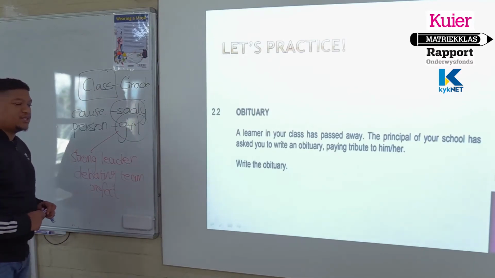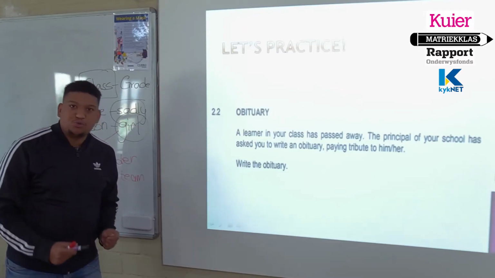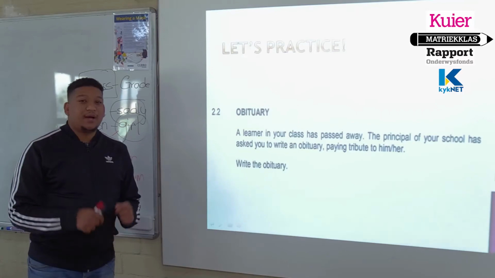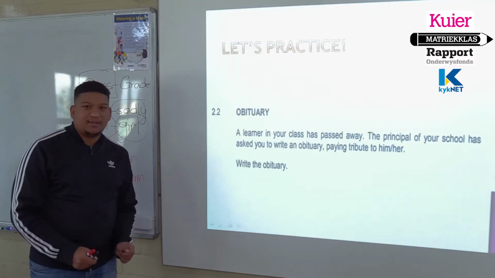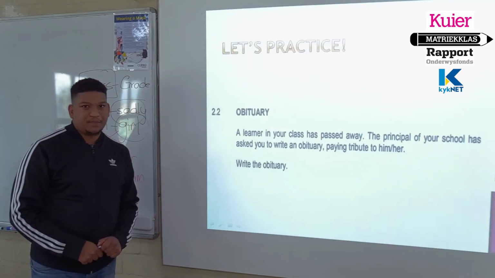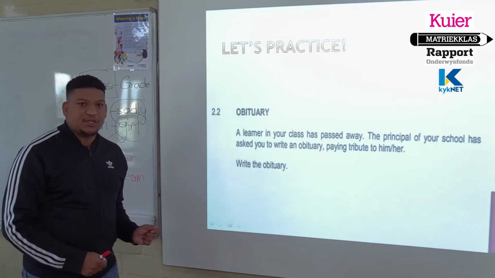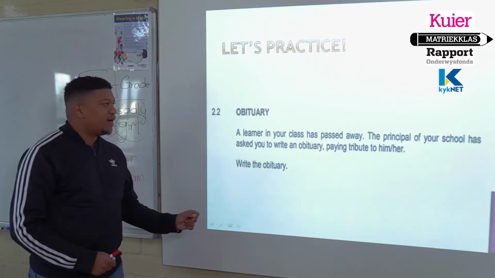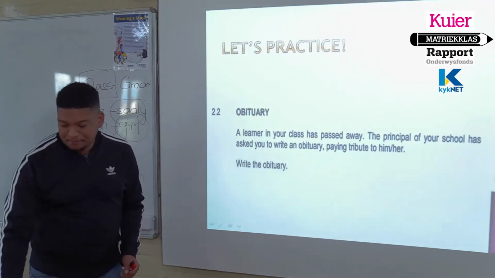I'm going to mention this, and there I'm going to pay tribute to her. As a school community, we are going to miss a strong leadership. We are going to miss the initiative she used to take when planning things for our school. So it's important that I can answer the whole question and not parts, but the whole question. And that, grade 12, is what you need to focus on for the obituary.